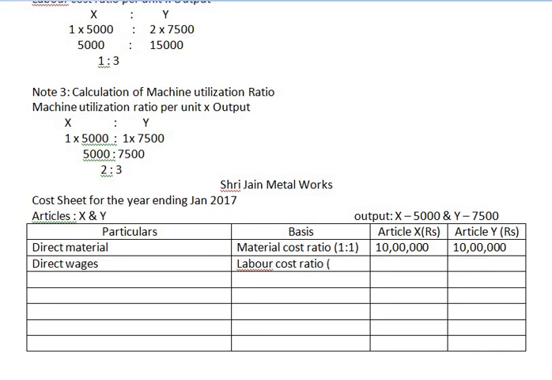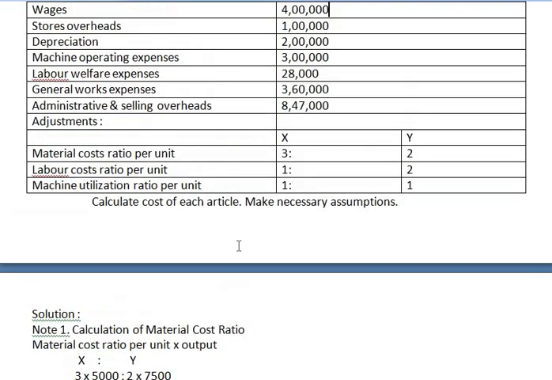Now labor cost ratio is how much? It is 1:3. Now the total amount of labor cost, direct wages, is how much? Go through the problem. It is 4 lakhs.